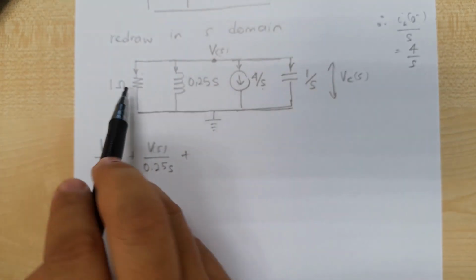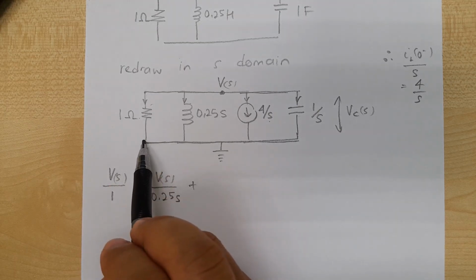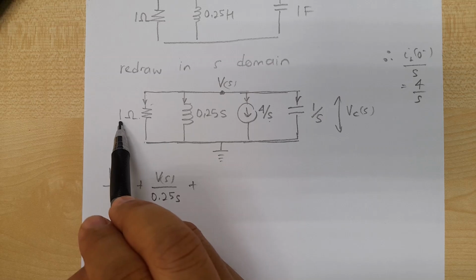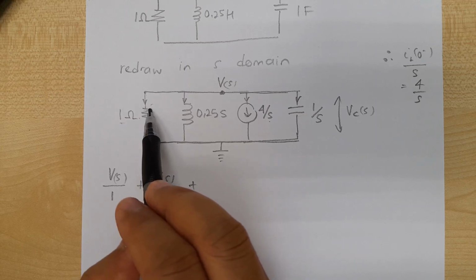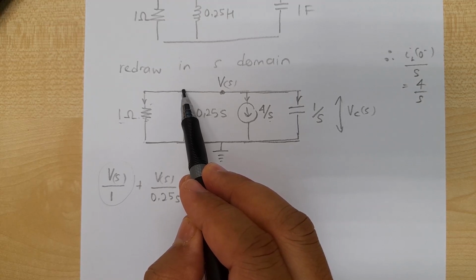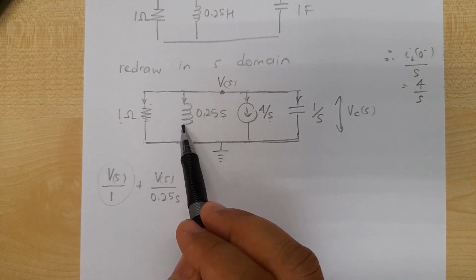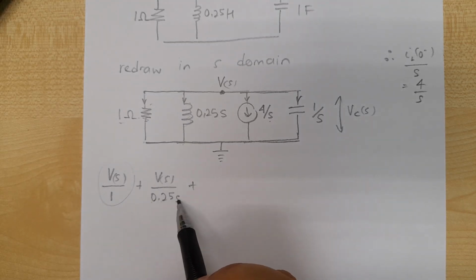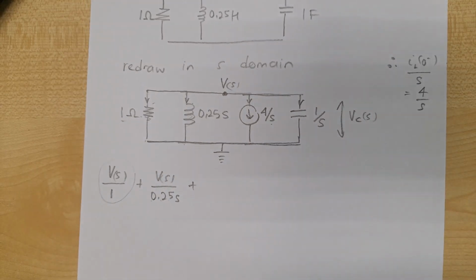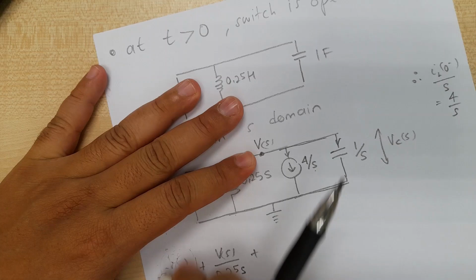In order to get the current, we take the voltage from here to here, which is Vs, divided by the resistor. V divided by the resistor will get the current. This is the voltage divided by the impedance, which is 0.25 S, will get the current. Let me try to rewrite this.